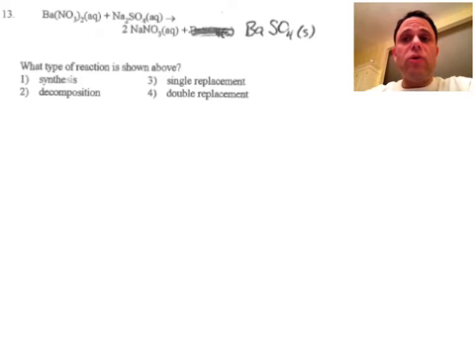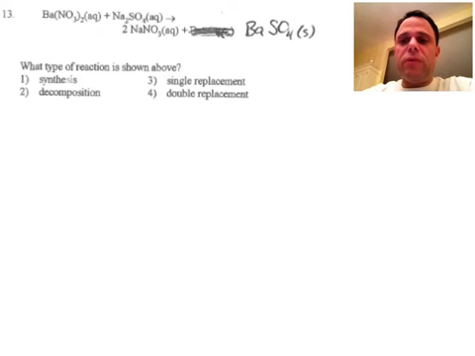Number 13 is also fairly straightforward. We have this ionic substance, barium nitrate, aqueous, combining with sodium sulfate to produce 2 moles of sodium nitrate and 1 mole of barium sulfate.